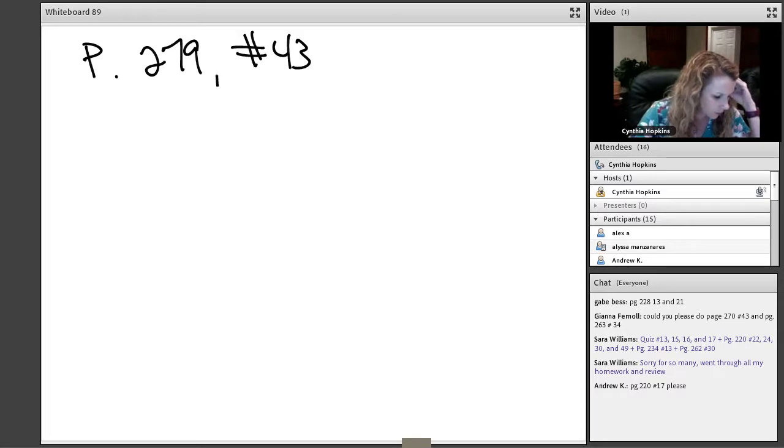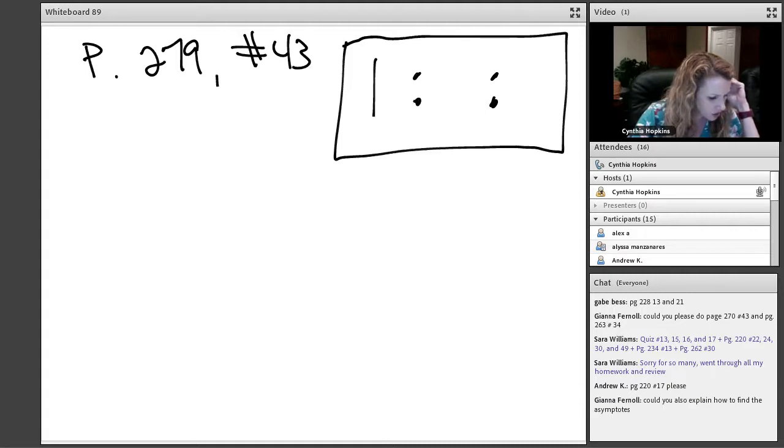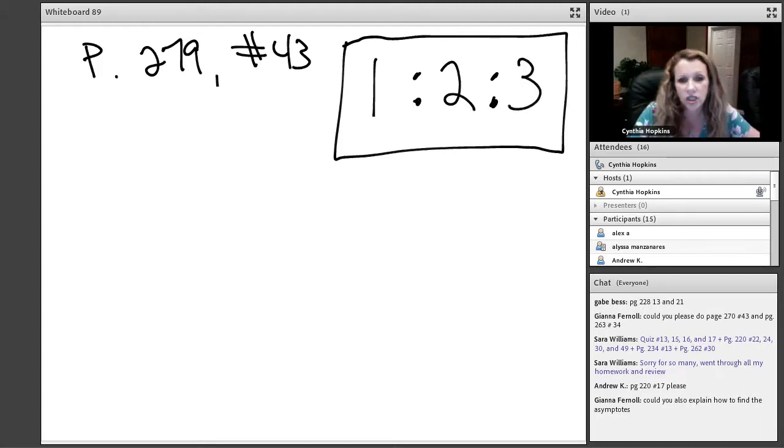It says a concrete mixture calls for 1 part cement, 2 parts sand, and 3 parts gravel by volume. So I'm going to write that as a ratio with colons in between. 1 part cement to 2 parts sand to 3 parts gravel. Okay, so it's my ratio. It's a 1 to 2 to 3 ratio.